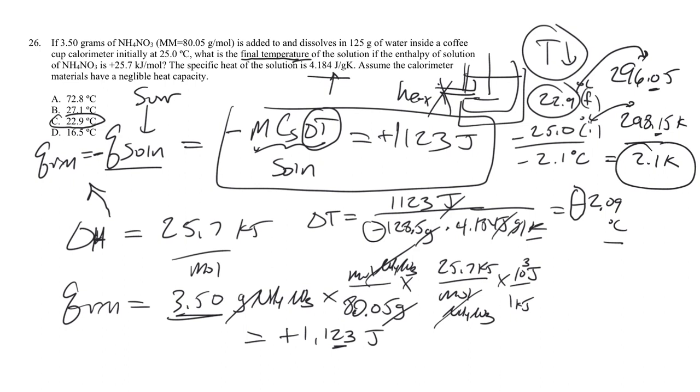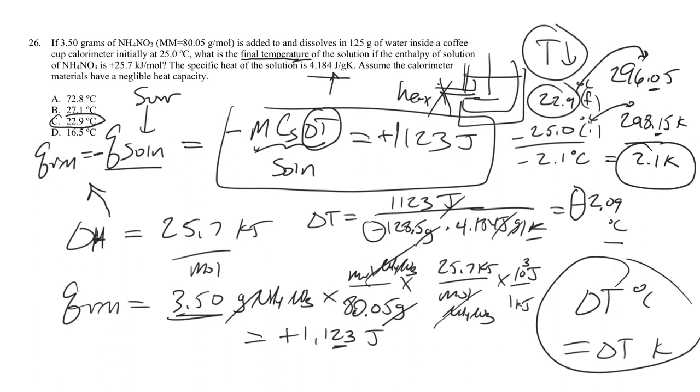That's not right. Delta T in degrees C equals delta T in Kelvin. Okay, so that's an important concept that we don't need to make a mistake on a simple conversion and calculation of temperature. If you want to get caught up on Kelvin, just convert 25 degrees C to Kelvin, take your difference, convert it back to degrees C, you'll get precisely 22.9 degrees C.